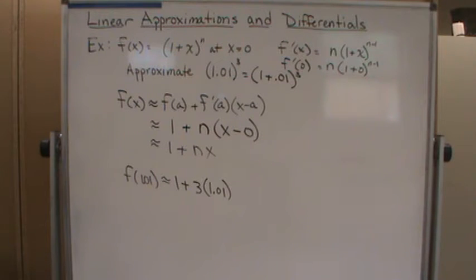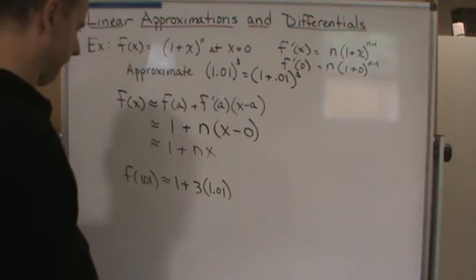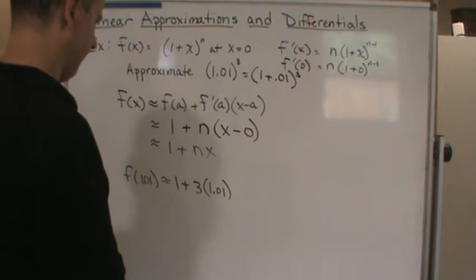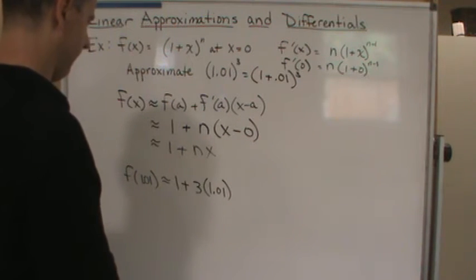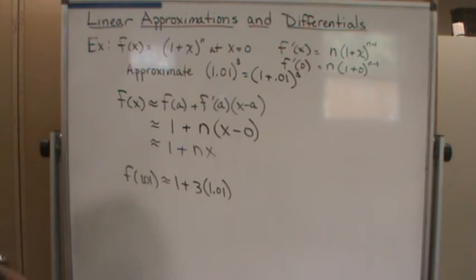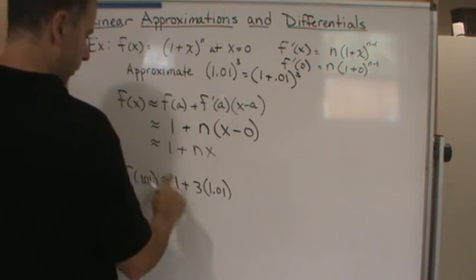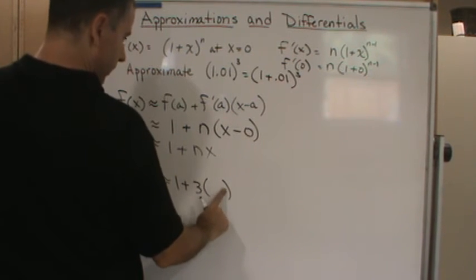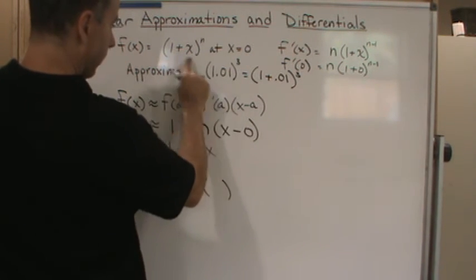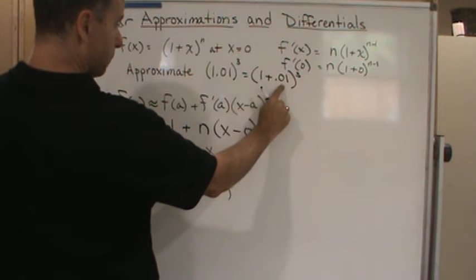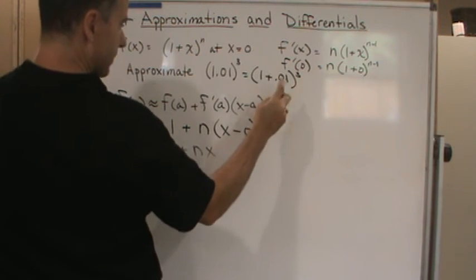Okay? Or excuse me, I'm sorry. Hold on a second. Right, no. This is, no. Sorry, so here, we want it in this form, so that means x is 0.01, not 1.01. So this is x, right?